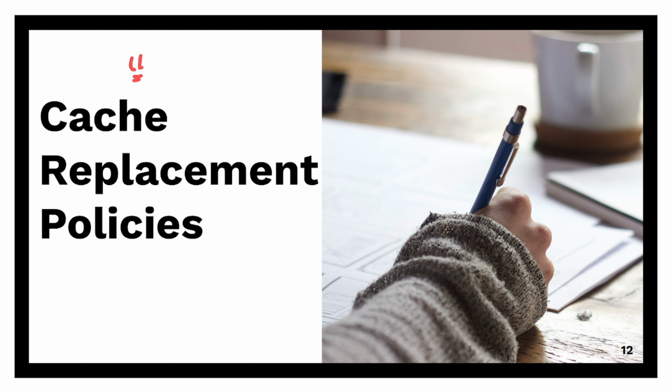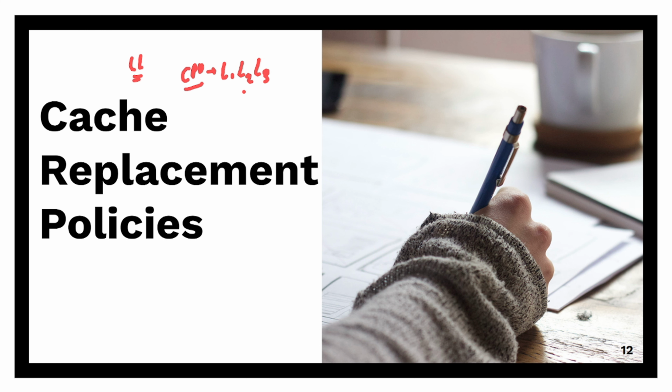First of all, let's see what cache replacement policies actually are. Cache replacement policies are mechanisms used in computer systems to determine which cache line should be evicted or replaced when a new block of data needs to be brought into the cache. Whenever the CPU needs some data, it tries to look into the cache, first L1, then L2, then L3.